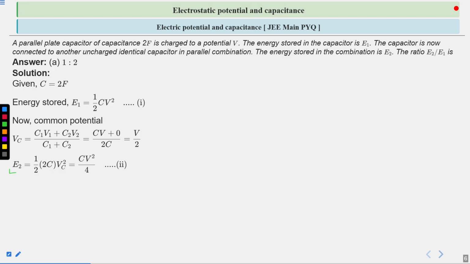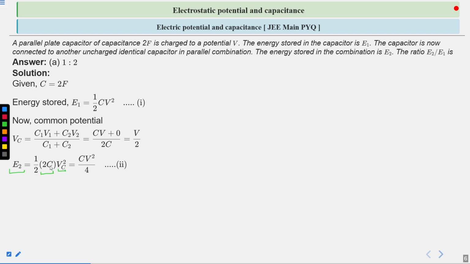Now the energy stored in the combination is equal to half CV square. C is now 2C because they are connected in parallel, so the equivalent capacitance is the simple algebraic sum, C plus C, 2C. And V common is the common potential across both capacitors. The common potential was V by 2, so squared it becomes V square by 4.